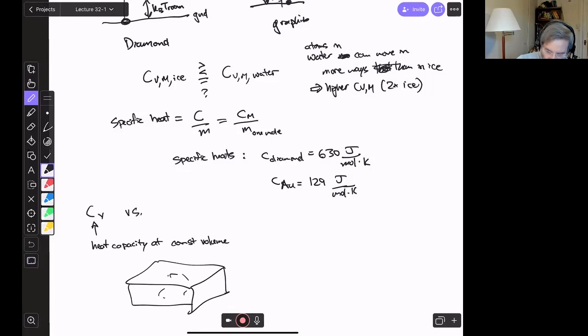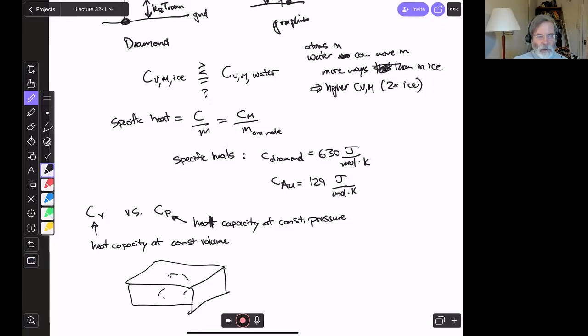They're muttering about that versus the heat capacity at constant pressure. So where you allow the volume of the sample to change when you add the extra heat to it, but you keep the pressure applied constant.